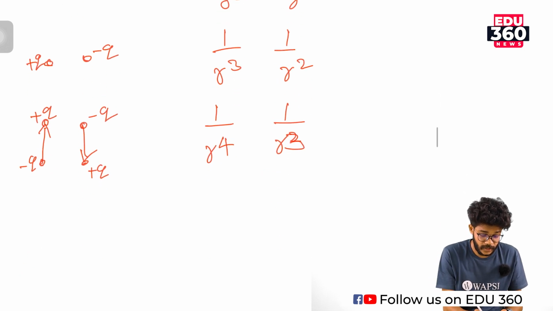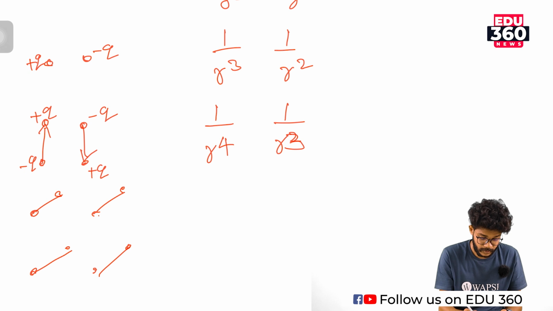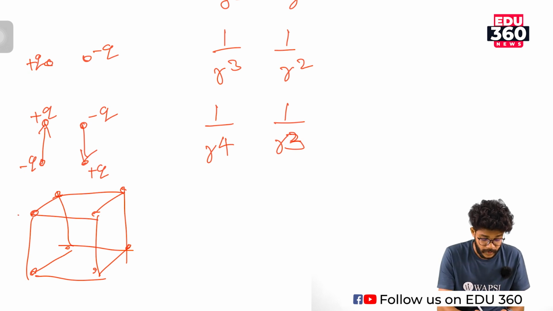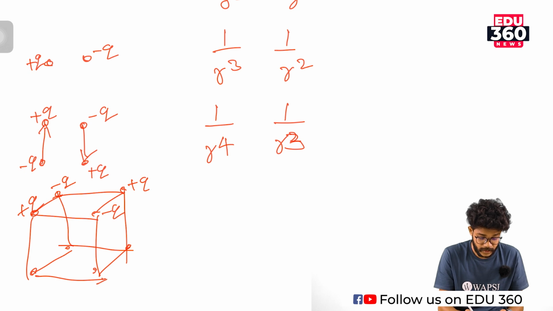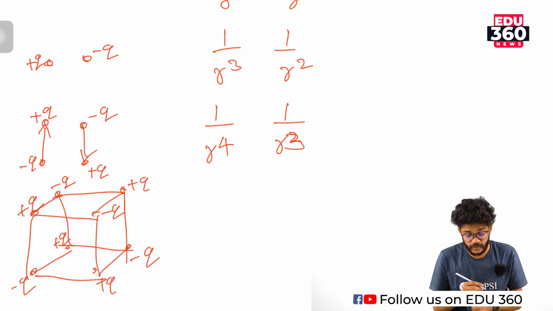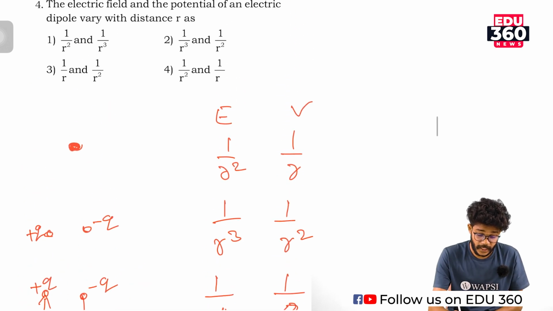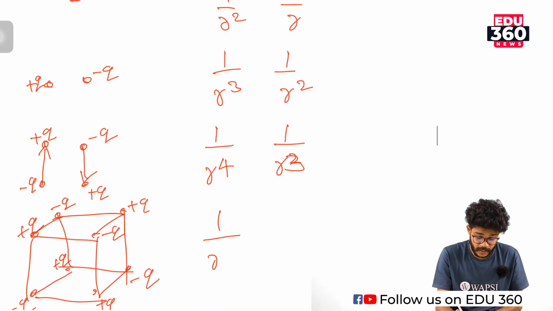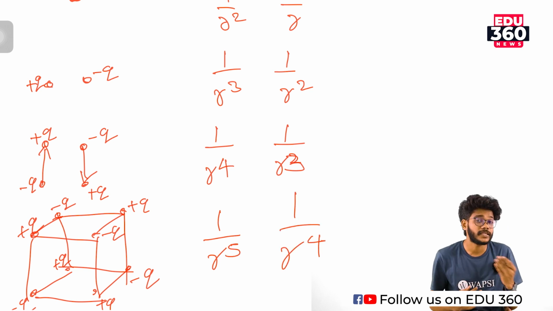In case of an octapole, plus q minus q plus q minus q plus q minus q plus q minus q, the electric field varies as 1 by r raised to 5 and the potential is 1 by r raised to 4, just increasing the power of r.